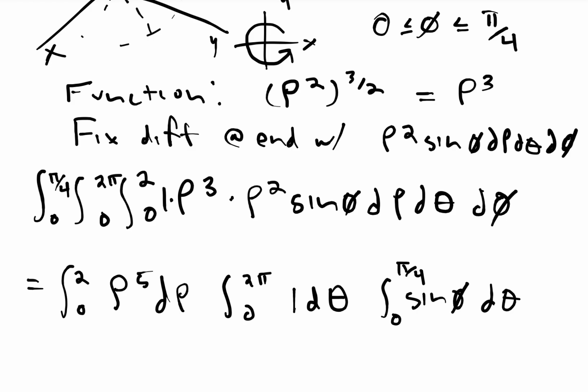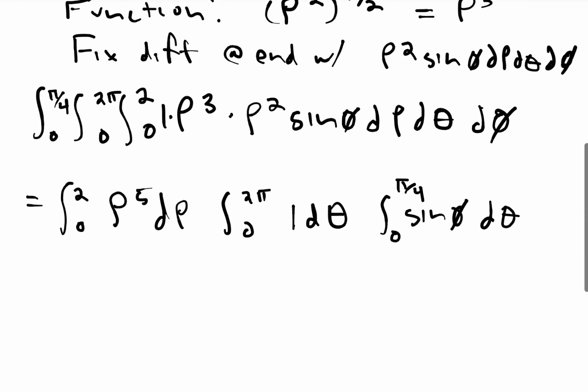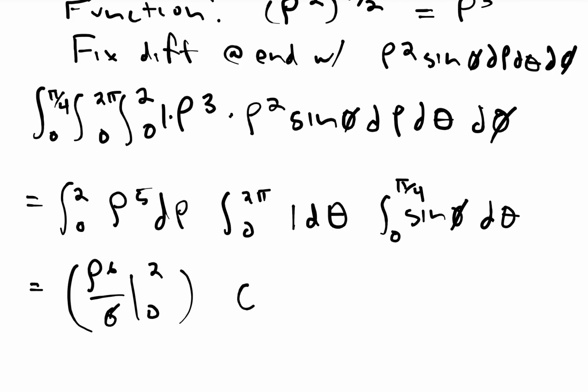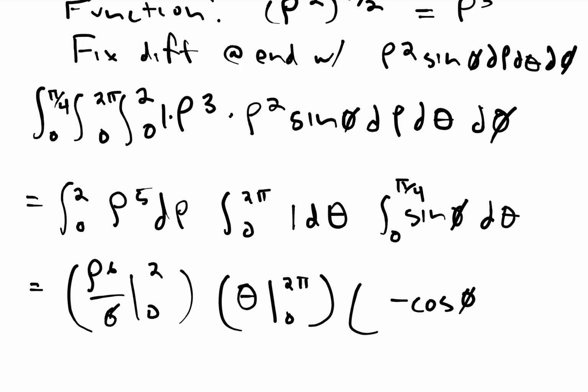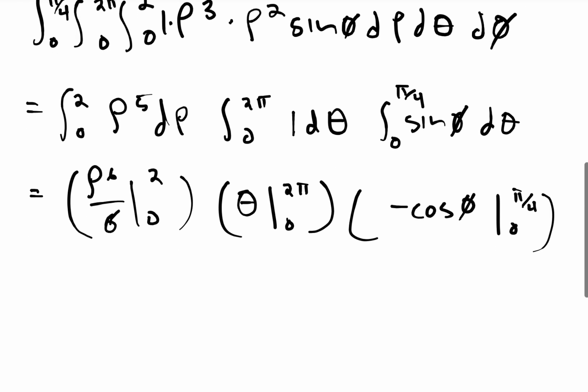If I actually take care of all of these, they're single variable integrals, pretty standard work. I get a rho to the 6th over 6, evaluated between 0 and 2. I will get a theta evaluated between 0 and 2 pi, and I will get a minus cosine phi that is evaluated between 0 and pi over 4. So here, let's see what I get.